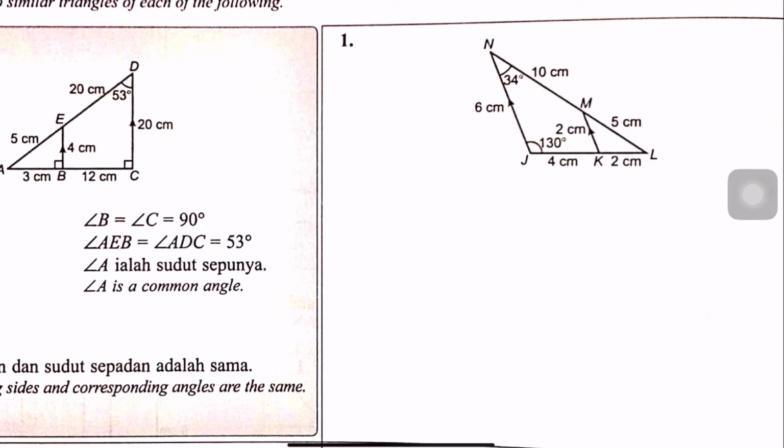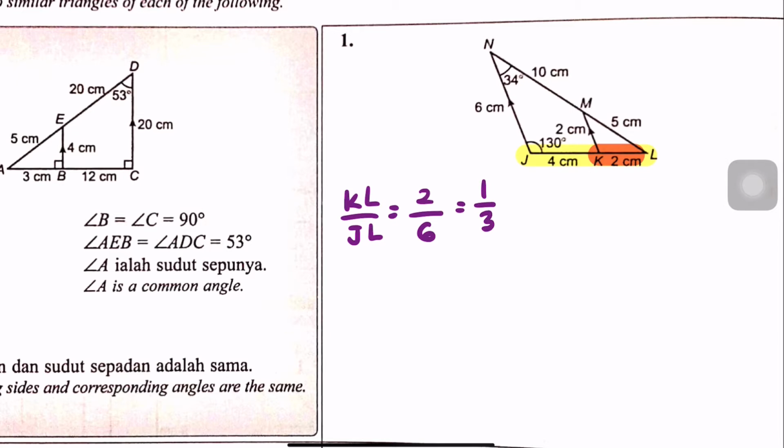First, let's check. We have KL and JL. For example, I take KL over JL. KL is 2, JL is 6. So I have 2 over 6, which is 1 over 3.